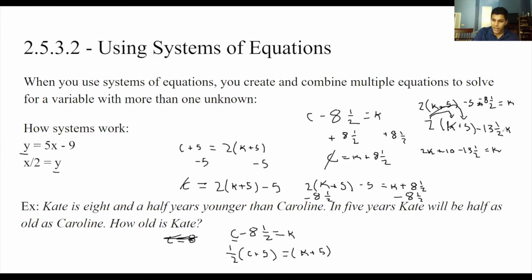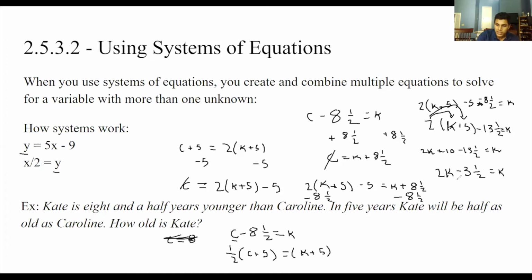And it looks like I actually forgot an equal sign here. So I'm supposed to have an equal sign there. Okay, so now all I have to do is combine the plus 10 and minus 13.5, which gives me minus 3.5. So 2k minus 3.5 equals k.